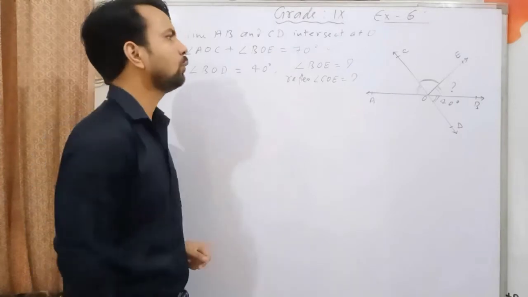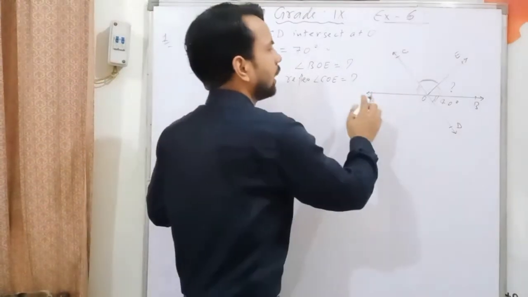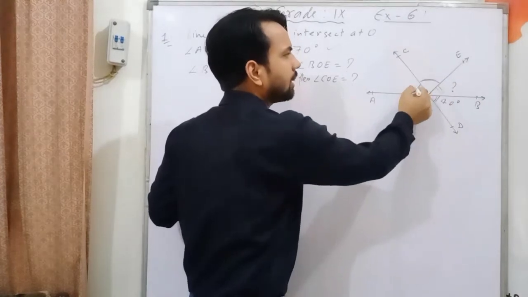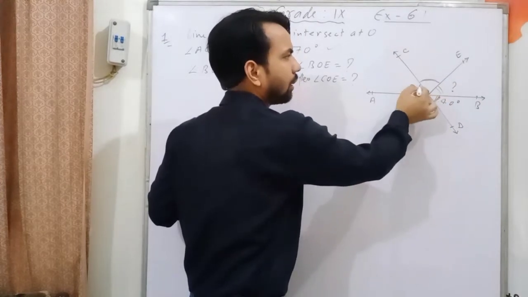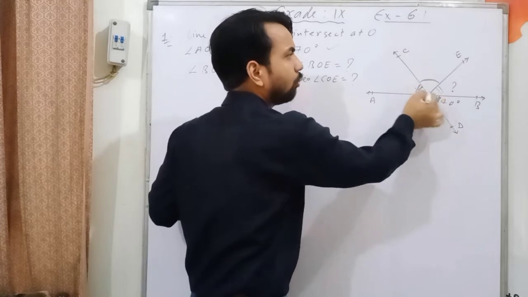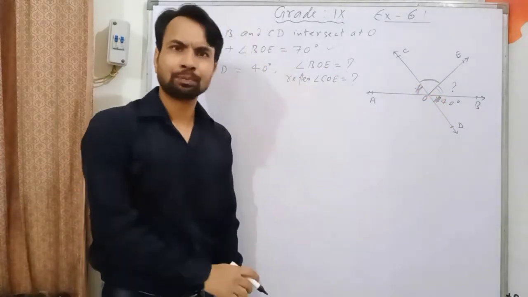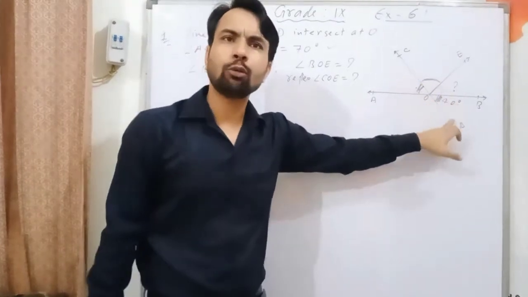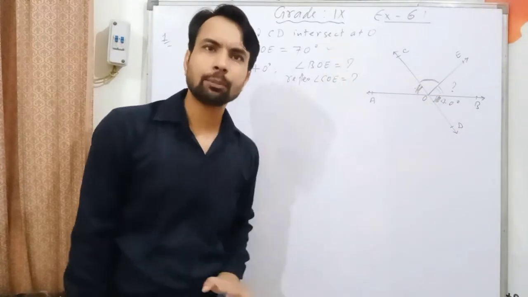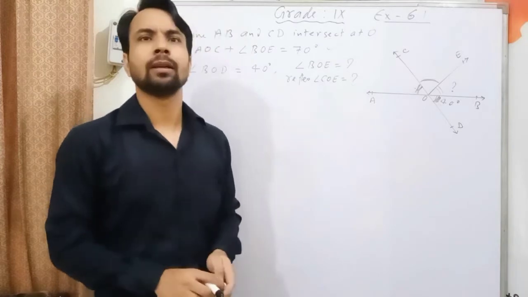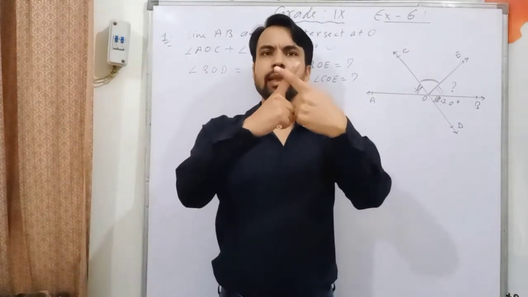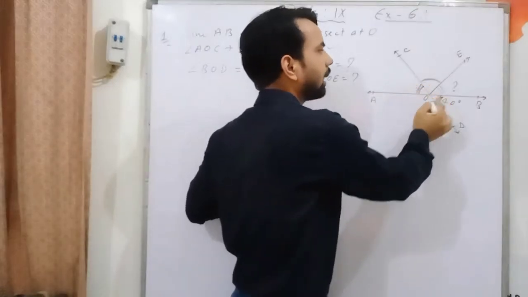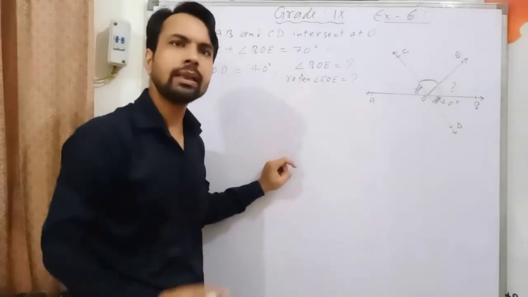So what we can do, see the figure. AB and CD are two lines intersecting each other. That means this angle and this angle will be vertically opposite angles, and we know that vertically opposite angles are equal to each other. If two lines intersect in this manner, then these angles are known as vertically opposite angles.